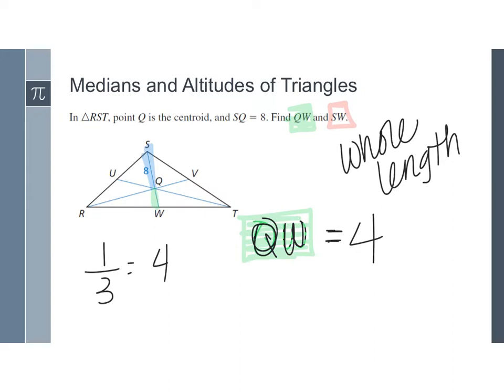Well, 2/3 means there's 2 of them, and half of 8 is 4. So if I got 2/3, then I have 4 plus 4, which is 8. So 1/3 has to be 4, which means the whole length, SW, is going to equal 8 plus 4, which is 12.